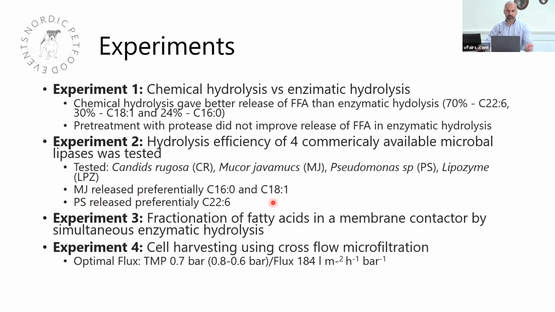So this led to experiment number 3, where we did fractionation of fatty acids in a membrane contactor by simultaneous enzymatic hydrolysis. In experiment 4, we just tried to dewater this algal biomass using microfiltration, so it was also successful. But I'll present experiment 3 because it's probably the most interesting to show.